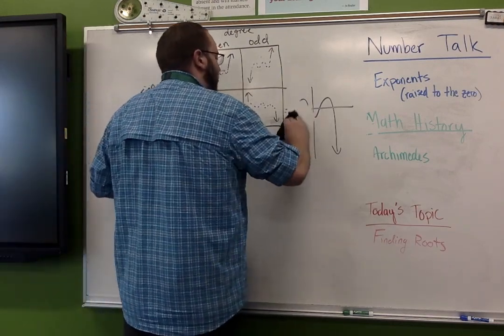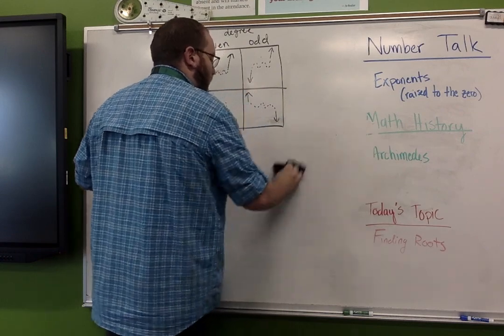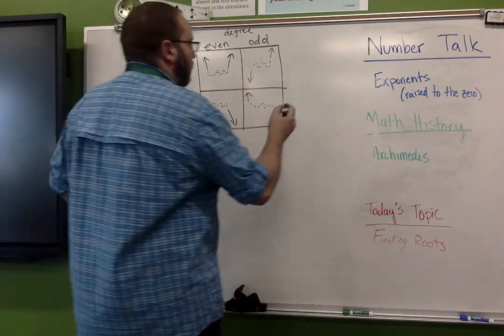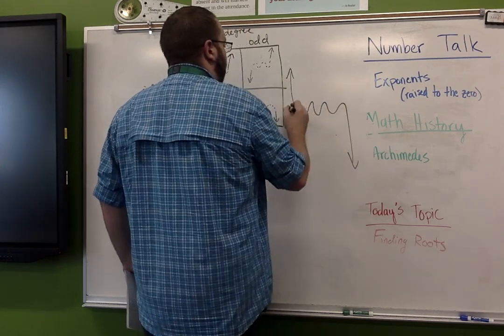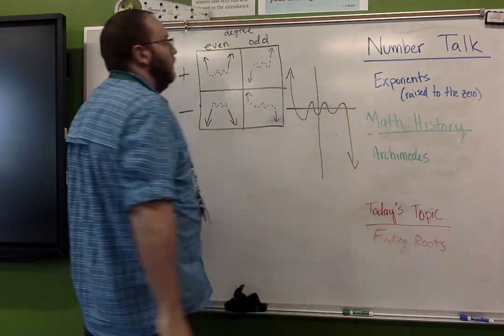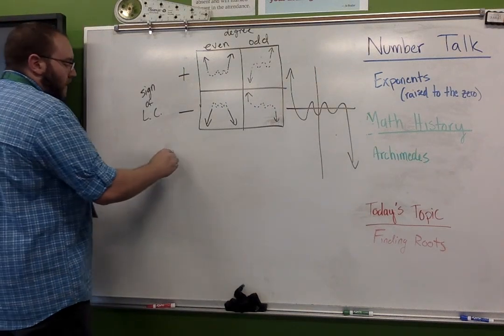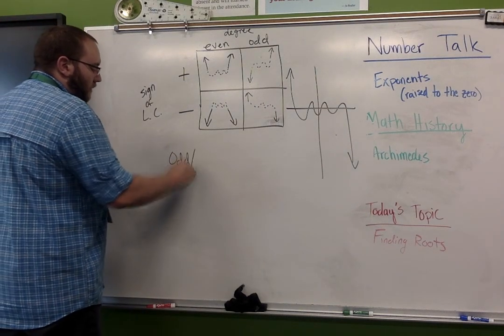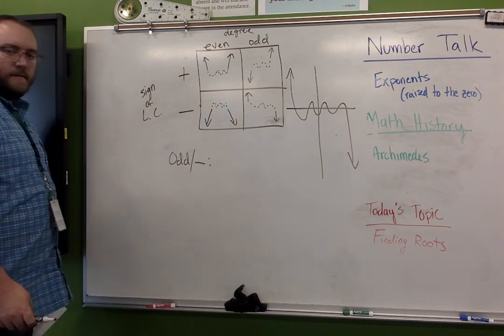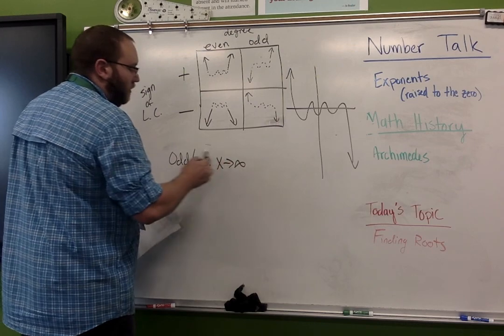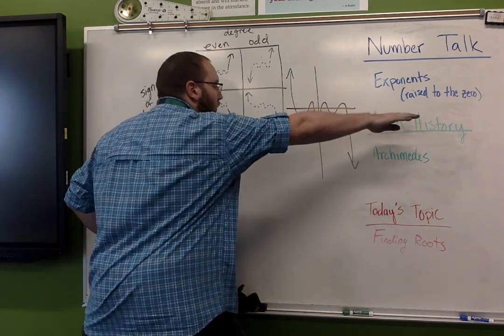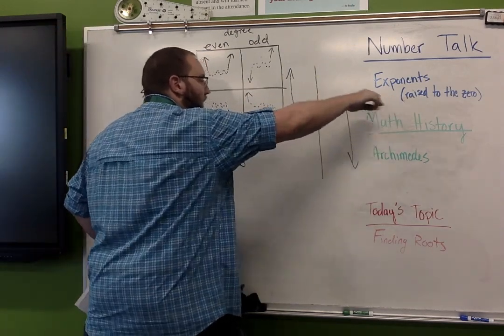Okay, next one. Let's do one like that. So this one is odd degree, negative leading coefficient. As x goes to infinity, so as x is going that way, which way is the tail going?